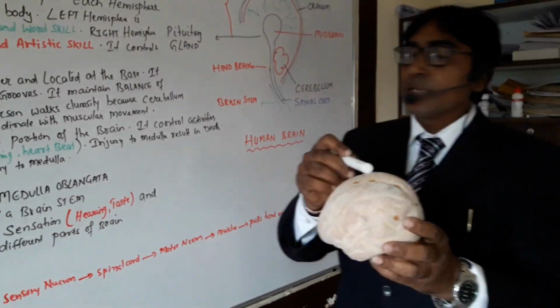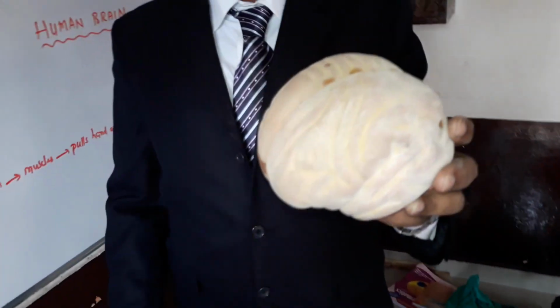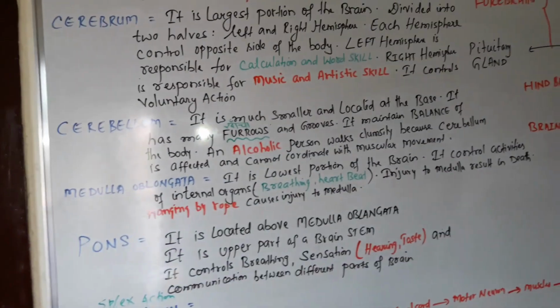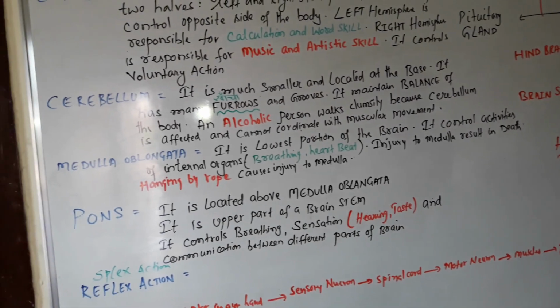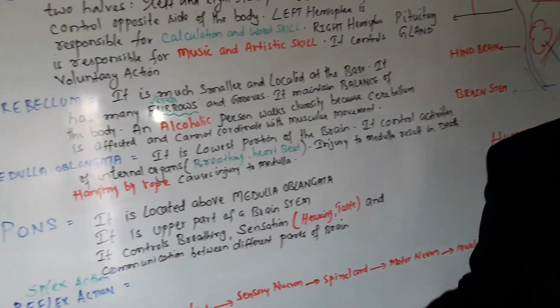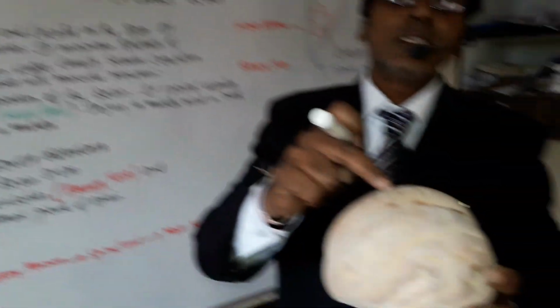The next is the right hemisphere. You can see here, this right hemisphere also has a great function. Sometimes we get frustrated with our regular life. For enjoyment and refreshment, we listen to music.